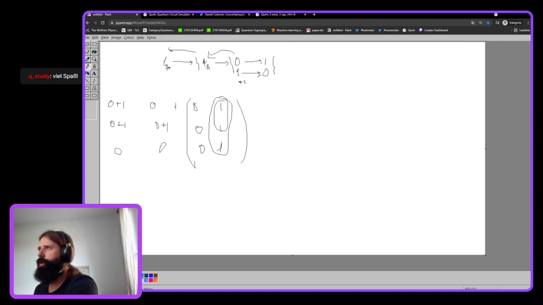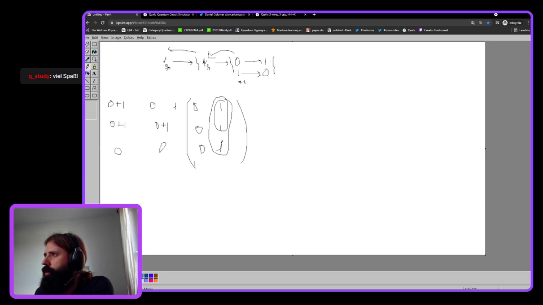And I have a full match for this rule here, which turns this one into a 0. And in this case, it will actually replace it because it's a full match. That's going to be tricky to implement. So it's going to replace it because it's a full match.